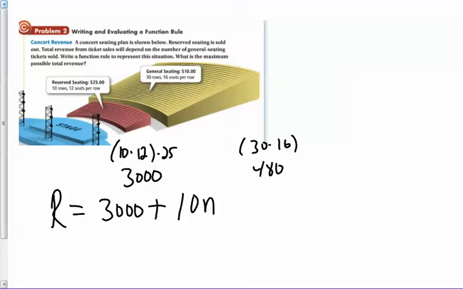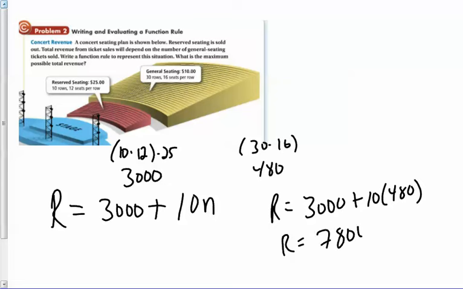I can plug that 480 in for the number of tickets sold. Multiplying by 10, that's 3,000 plus 4,800, which gives $7,800 as the total revenue.